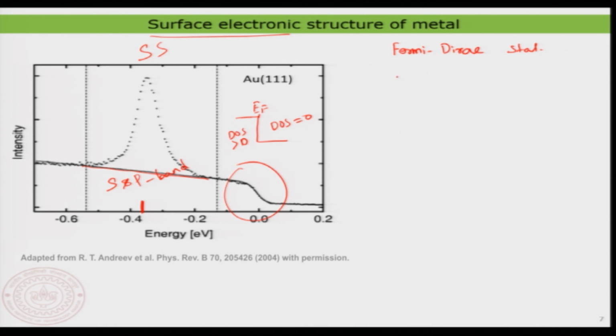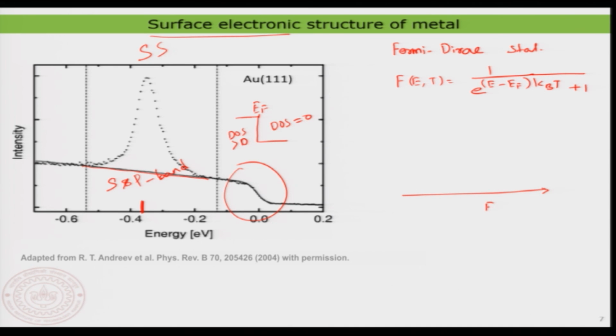So, normally the Fermi-Dirac function is a function of energy and temperature. So, this is written like this: 1 by e raised to (E minus EF) by kBT plus 1.